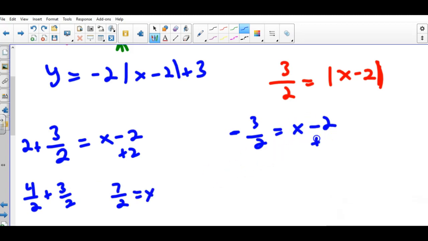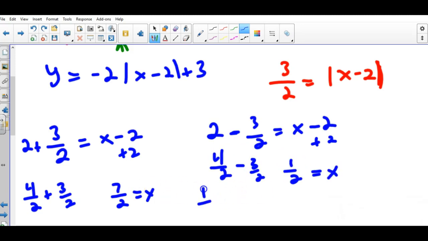Over here, we add 2 again. We can convert 2 to 4 over 2 minus 3 over 2, and 4 minus 3 is 1/2 equals x. So we have 1/2 and we have 7 over 2 are our x-intercepts.